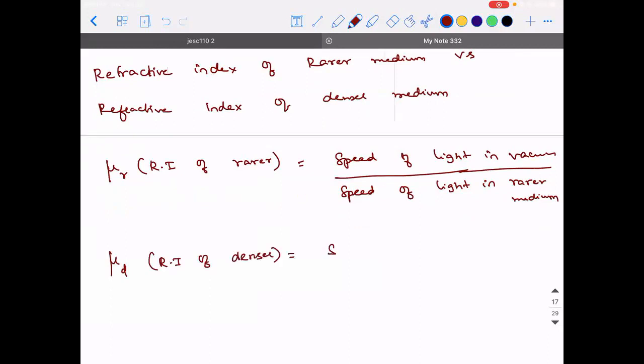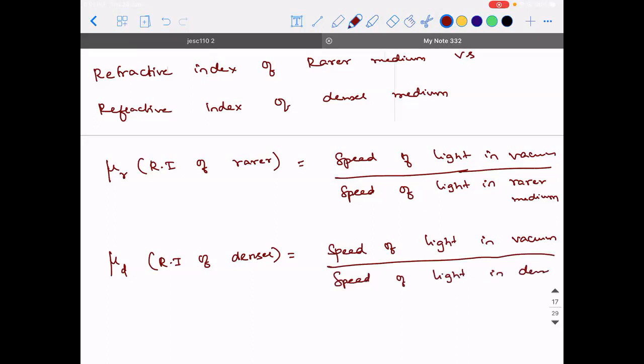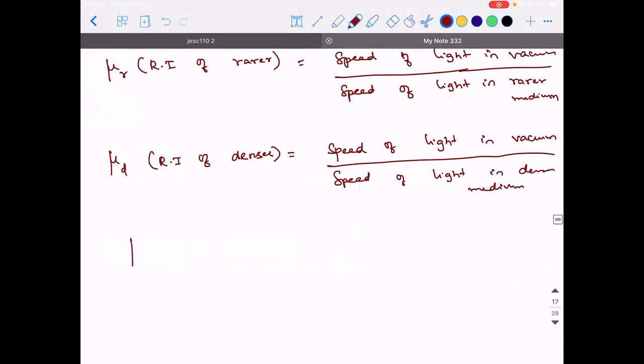What is it going to be? The speed of light in vacuum divided by the speed of light in denser medium. Very good. Now, if I divide mu r with mu d, what will I get?